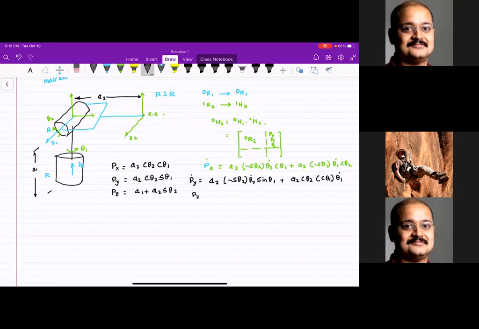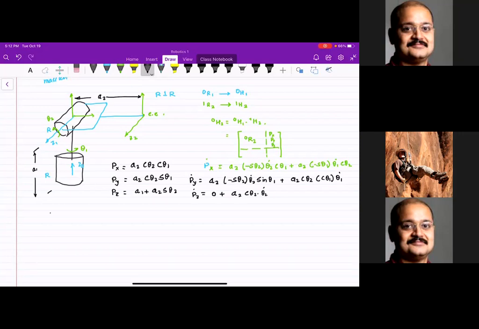Pz dot: A1 is a constant, so it becomes 0. A2 is a constant, so it comes out as A2 cosine theta 2 dot. Are you with me so far?